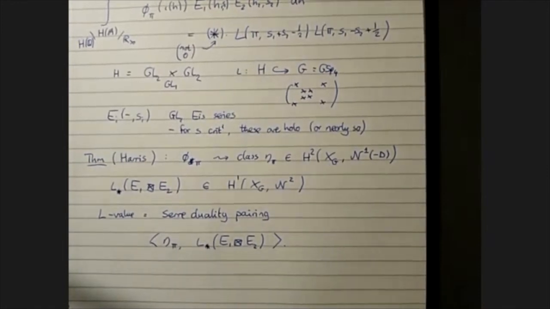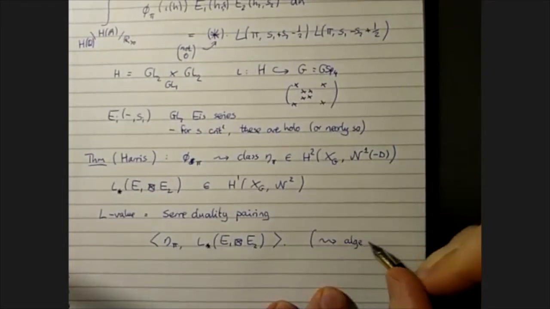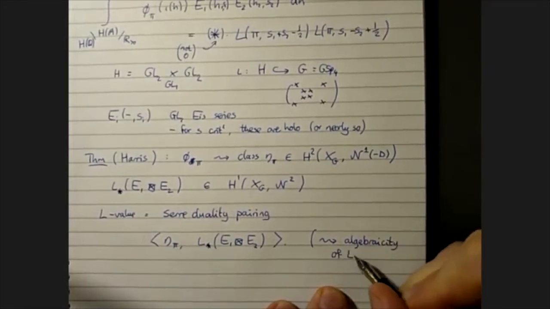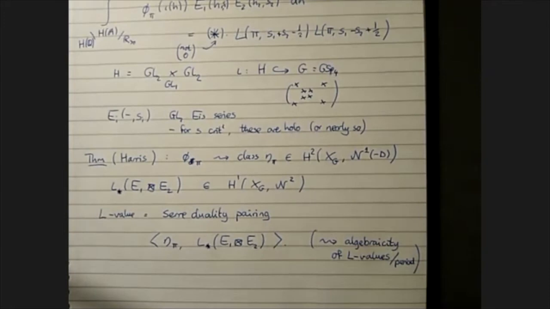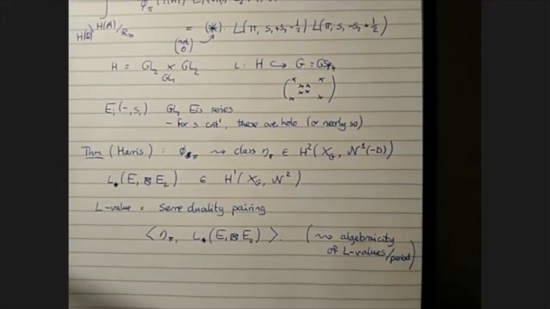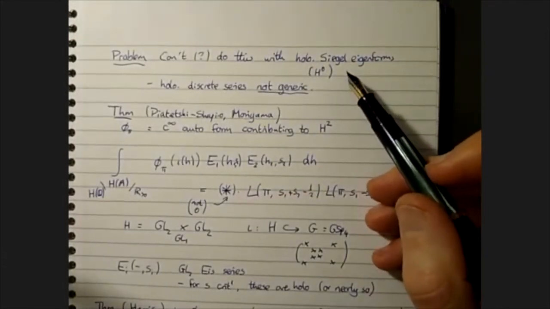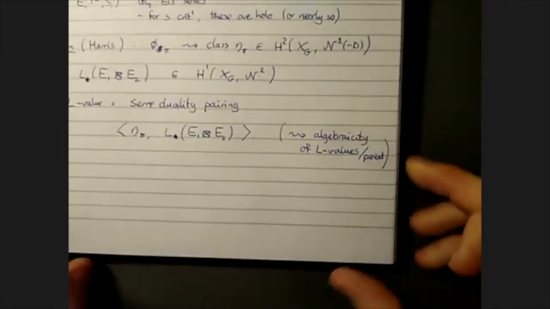So you get an algebraicity statement for the L values, divided by a period, and that period is coming from the Whittaker model. So this comes back to what I was saying about it being impossible to do this sort of thing with holomorphic forms, because the period is really a period coming from an H2 here, and the holomorphic forms are somehow really not seeing that period.